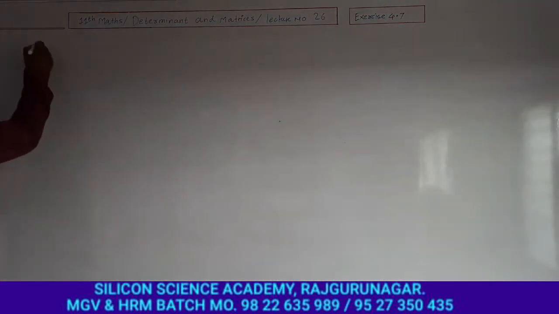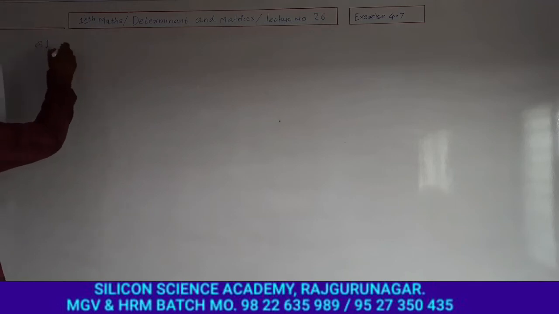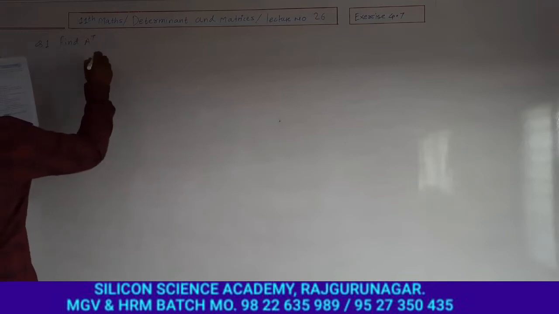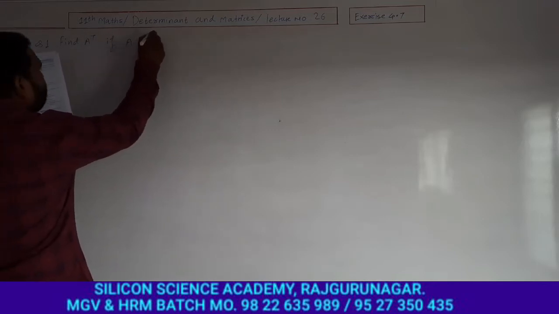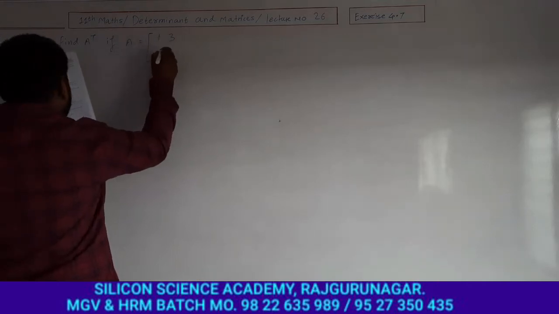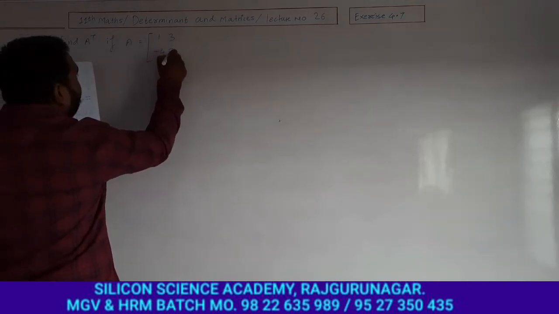Question number 1. Find A transpose if A is equal to [1, 3; -4, 5].